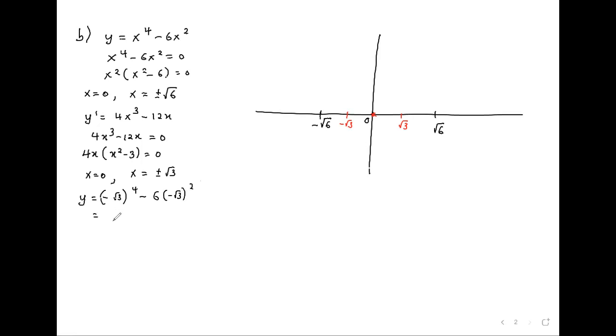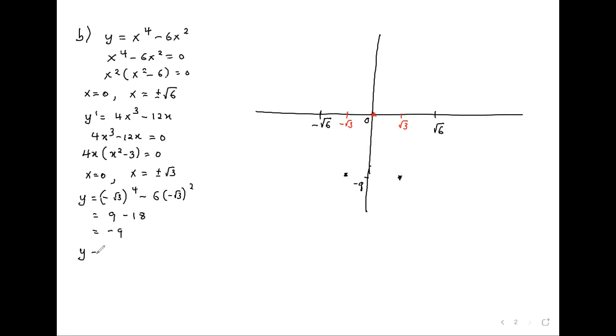Now root 3 to the power 4 is 9. Root 3 squared is 3. Then 3 times 6 is 18. We're getting negative 9. So this gives us negative 9, so we have a point here. And then the other one will also give us negative 9 because the powers are even.